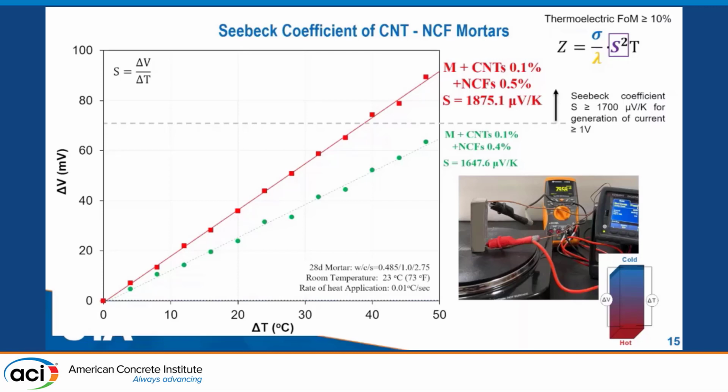And we measured that the Seebeck coefficient for this particular sample is around 1900, higher than the minimum threshold that we set previously for the generation of current of 1 volt.